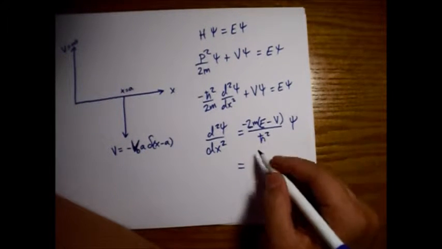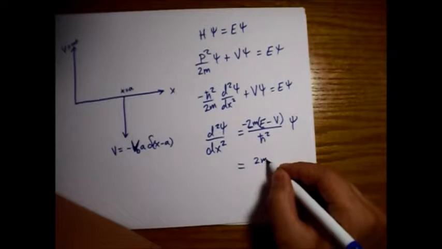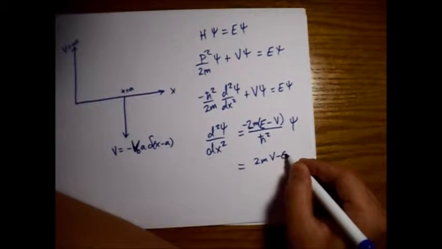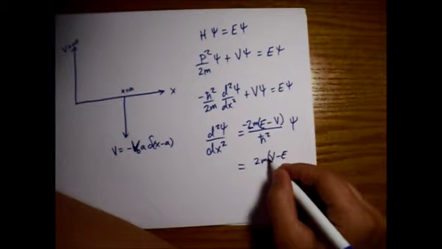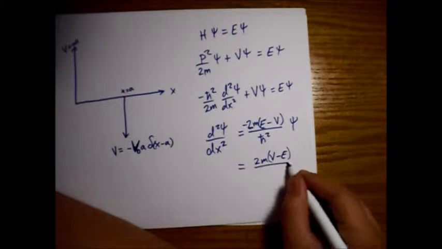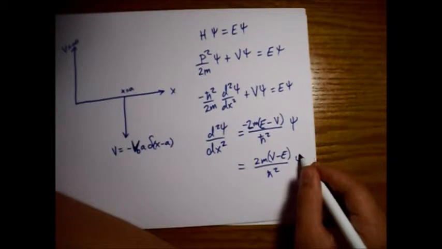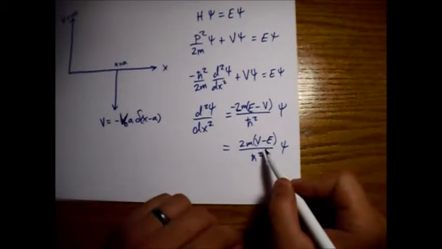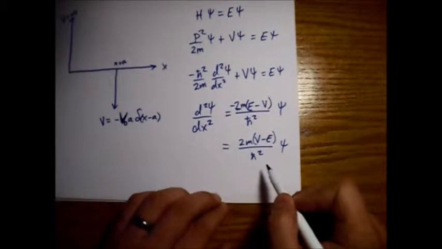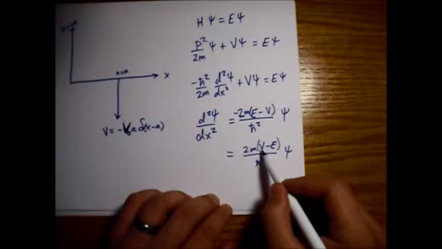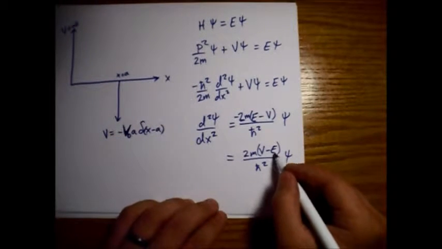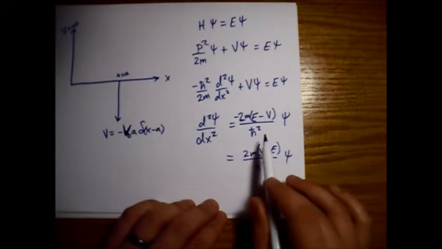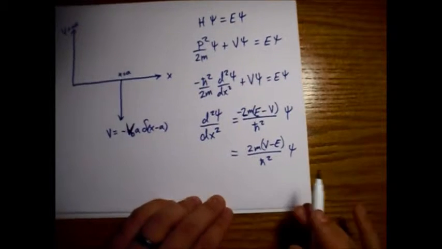So maybe I should have gone ahead and switched this. E is less than V, so that this is positive.